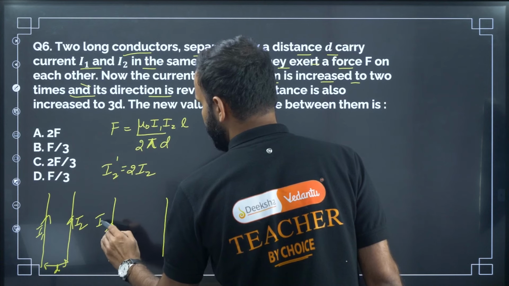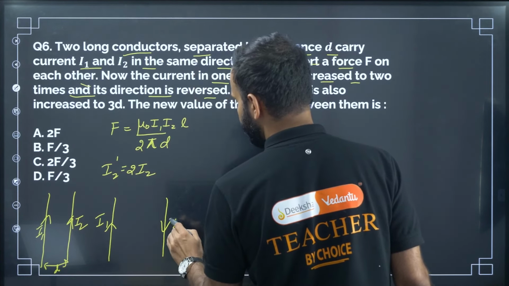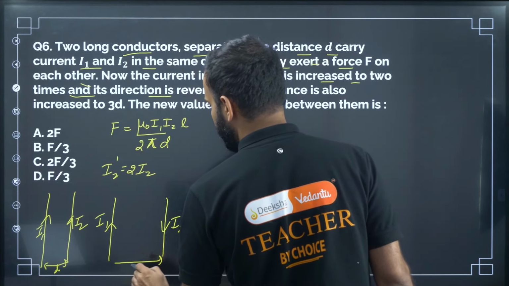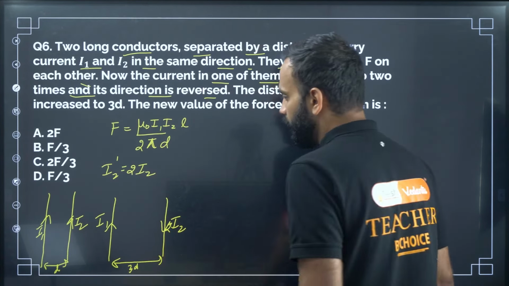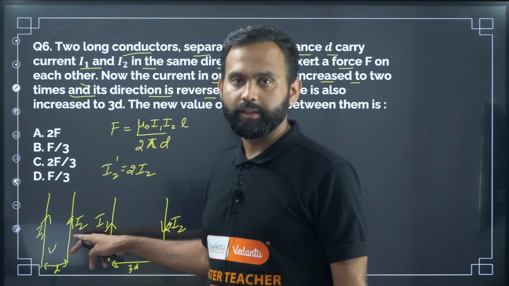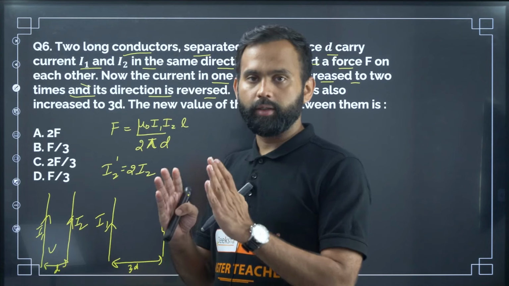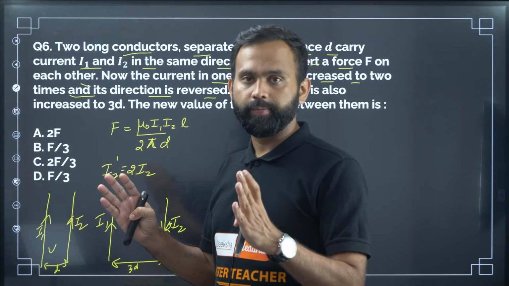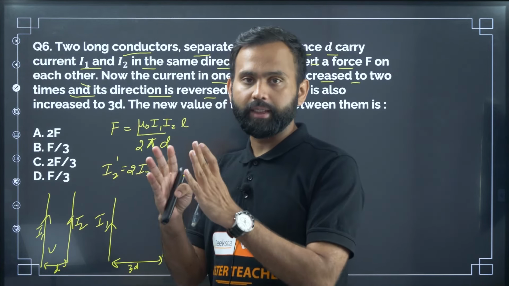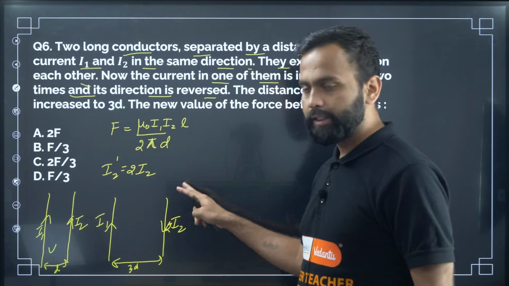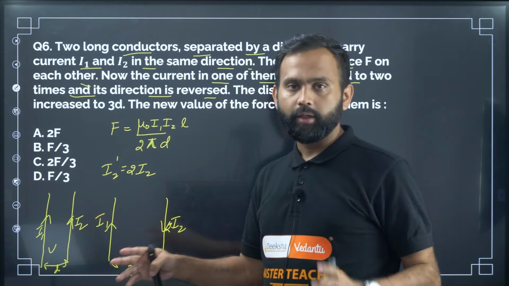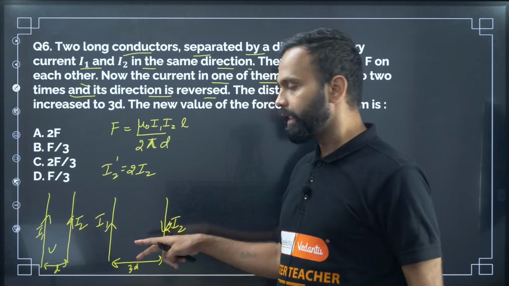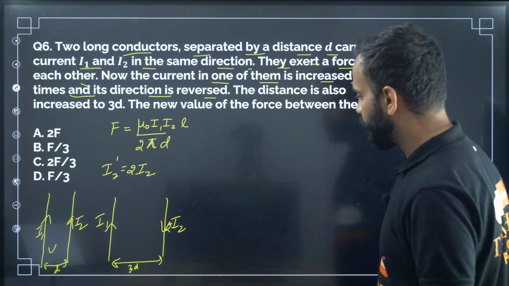And the current direction is reversed, I1 and 2I2. Here the current directions are same, therefore both wires will attract each other. Here the current directions are opposite, so both wires will repel each other. In first case both wires will attract each other, in second case both wires will repel each other.